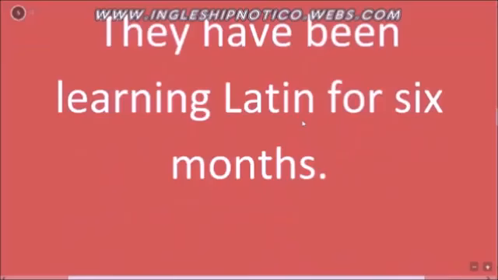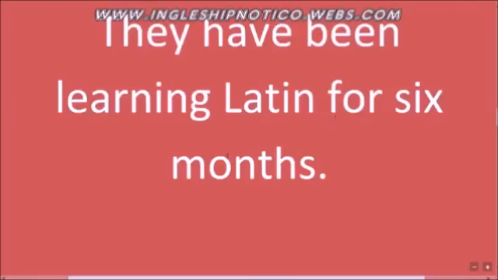They have been learning Latin for 6 months. If we ask for how long have they been learning Latin? For 6 months. Meaning, if we deduct the time, we can work out when they started by going back 6 months from now.